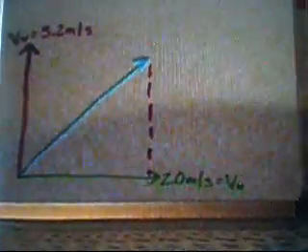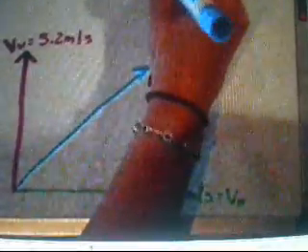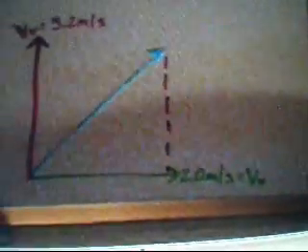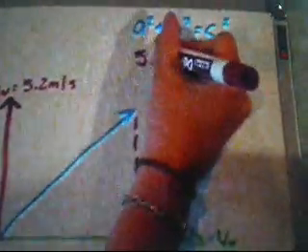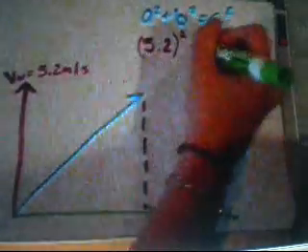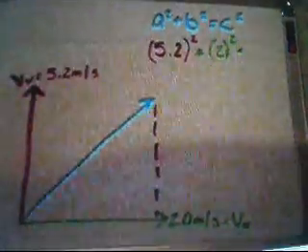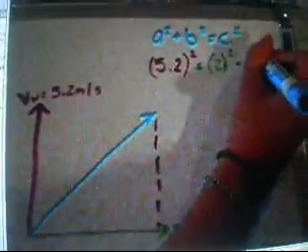Now to figure out the total velocity in which the melon went into the wall, we have to create a right triangle using the vertical velocity and horizontal velocity, and use the equation A squared plus B squared equals C squared. We then plug it in, so 5.2 meters per second squared plus 2 meters per second squared equals C squared.